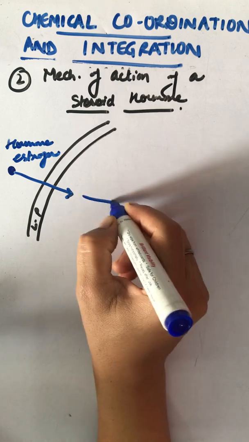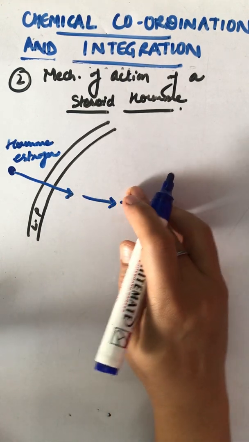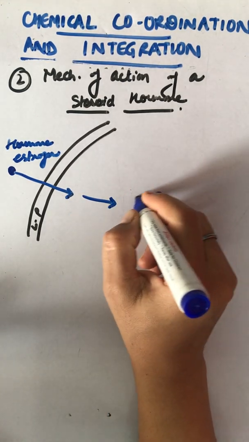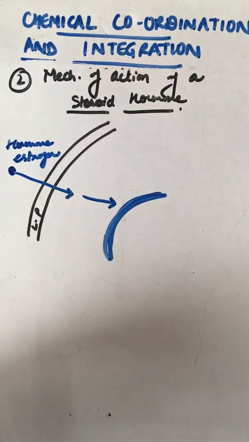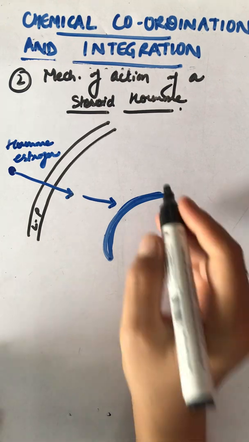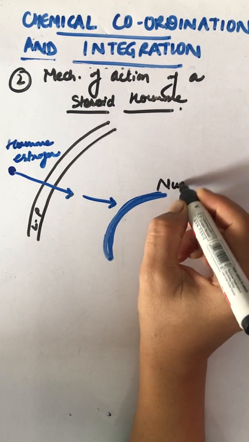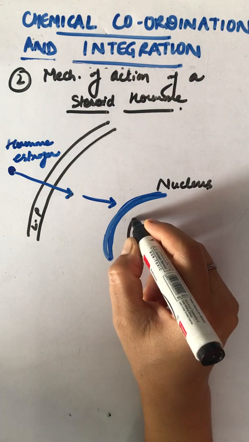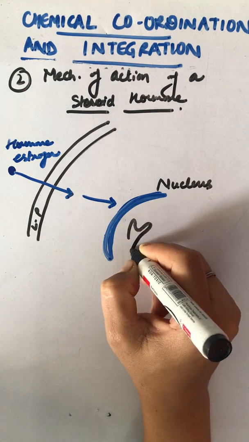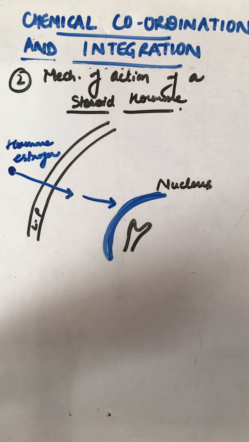Okay, and where does it go? It will go to the nucleus. It will enter into the nucleus. Now what will happen? There is a hormone receptor complex in the nucleus. This is the hormone receptor complex.